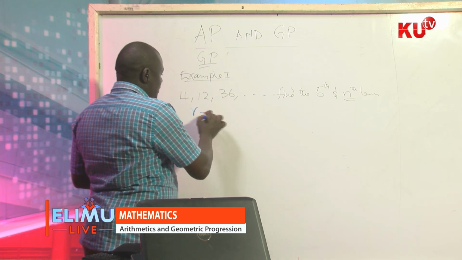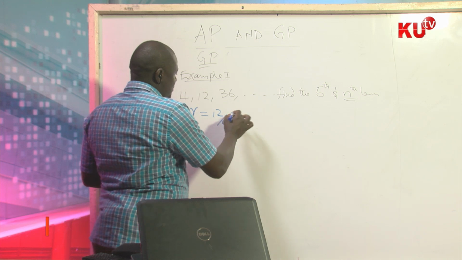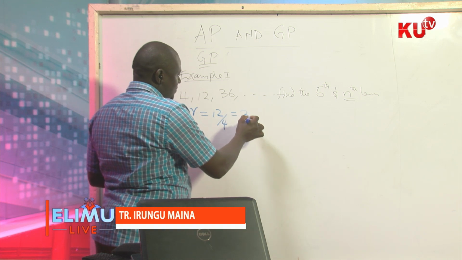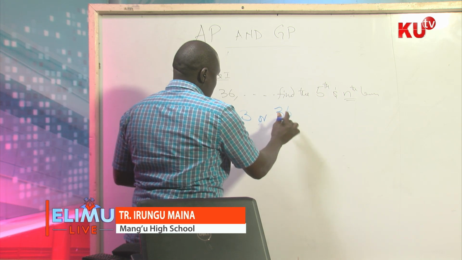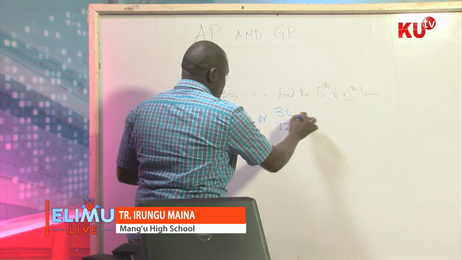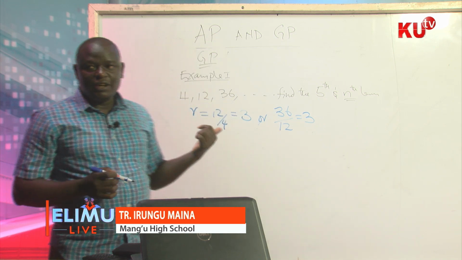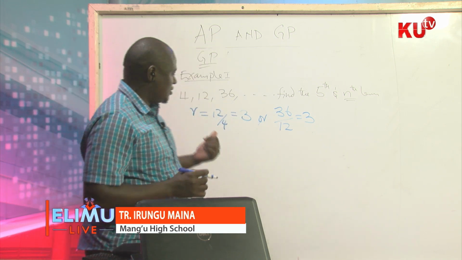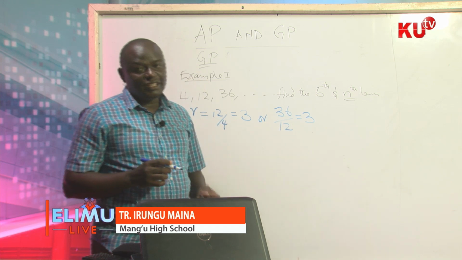So R equals 12 divided by 4, which is giving us 3, or 36 divided by 12, which is giving us 3, and therefore we have our common ratio R as 3.